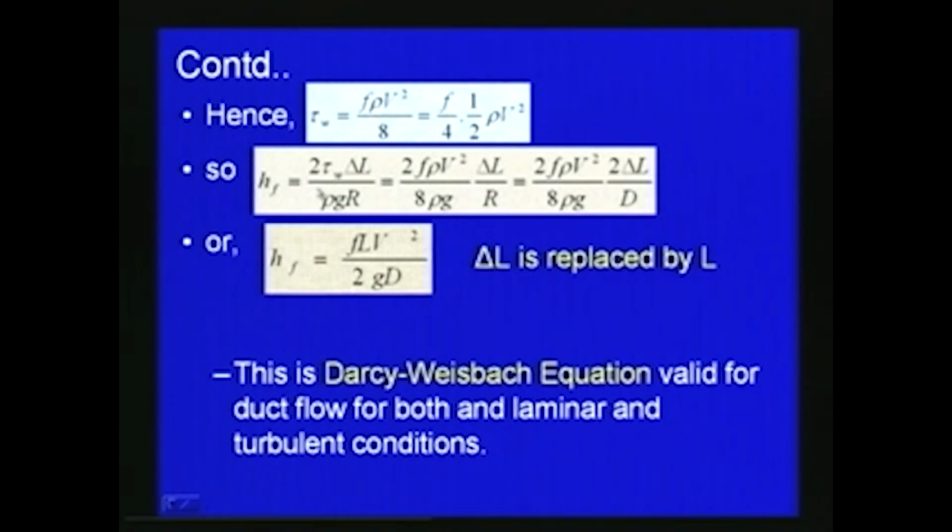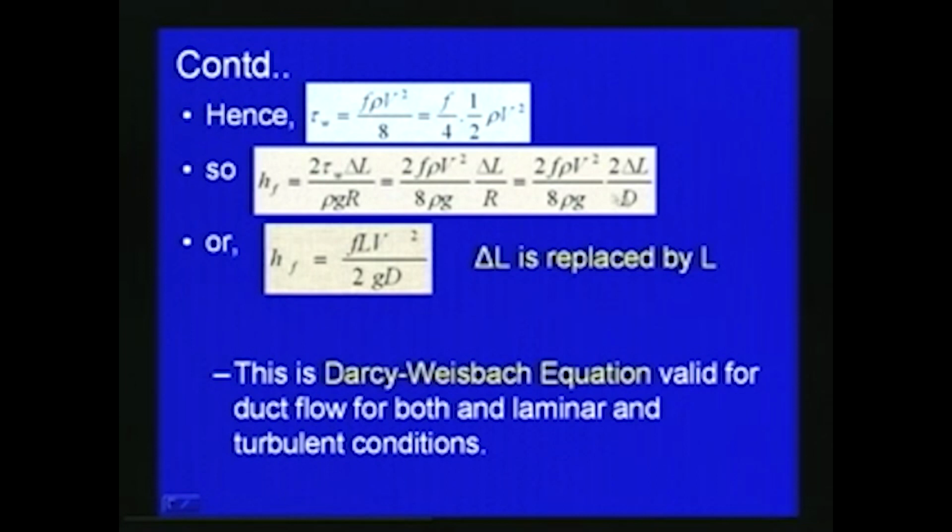So we can write hf is equal to 2 tau w delta L by rho g r. After substituting for tau w, hf is equal to 2 f rho v square delta L by 8 rho g r. That is equal to 2 f rho v square delta L by 8 rho g d, where d is the diameter, since r is equal to d by 2.